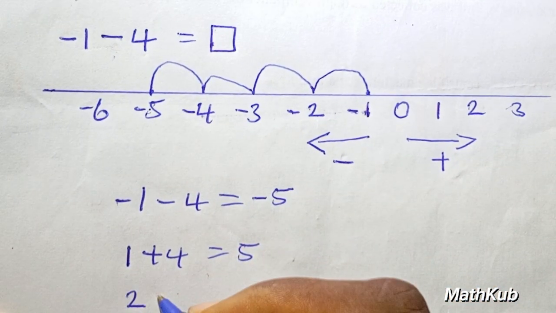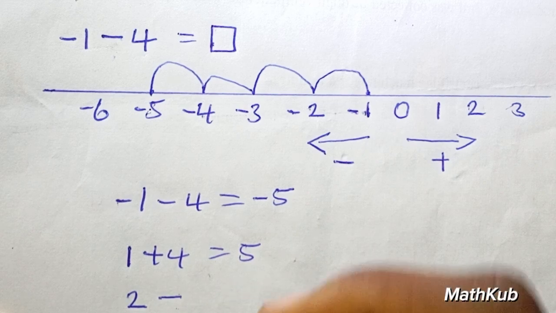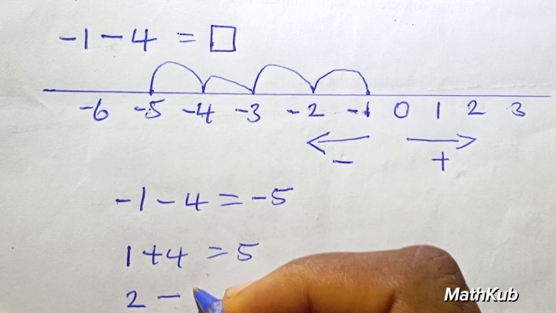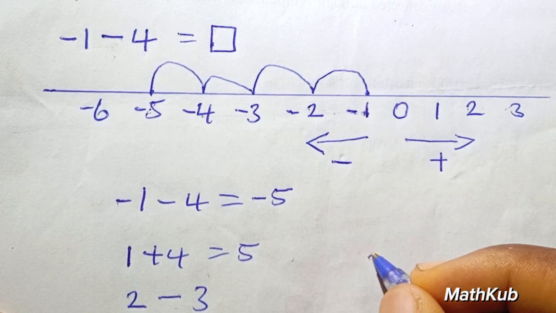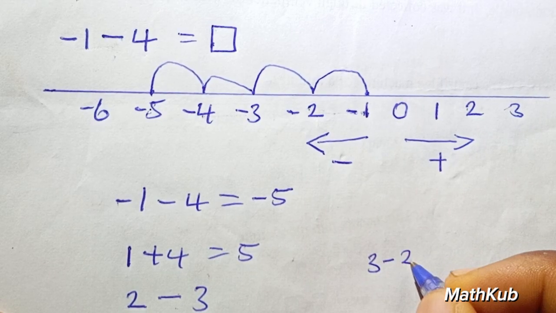Let's say 2 minus 3. 2 minus 3 is similar to saying 3 minus 2. It's not the same thing, but it's similar.